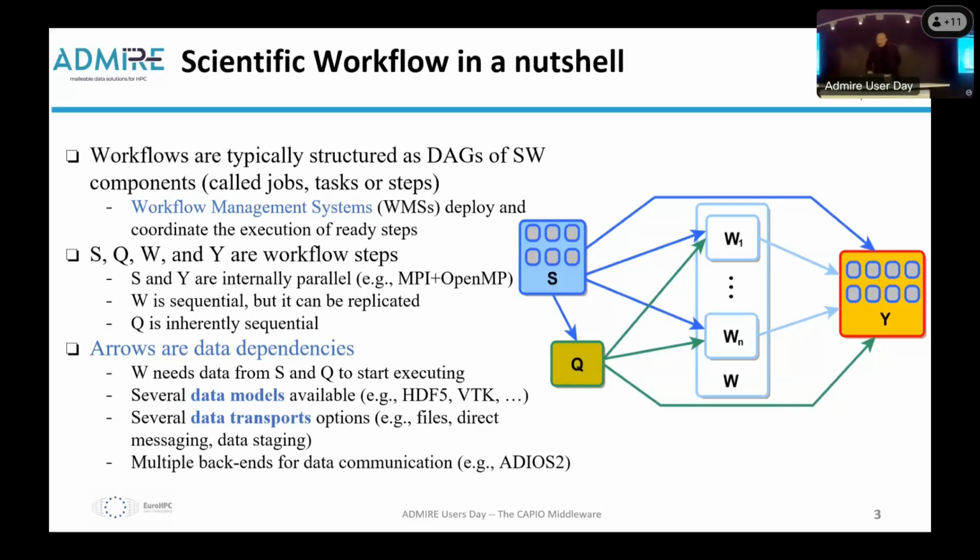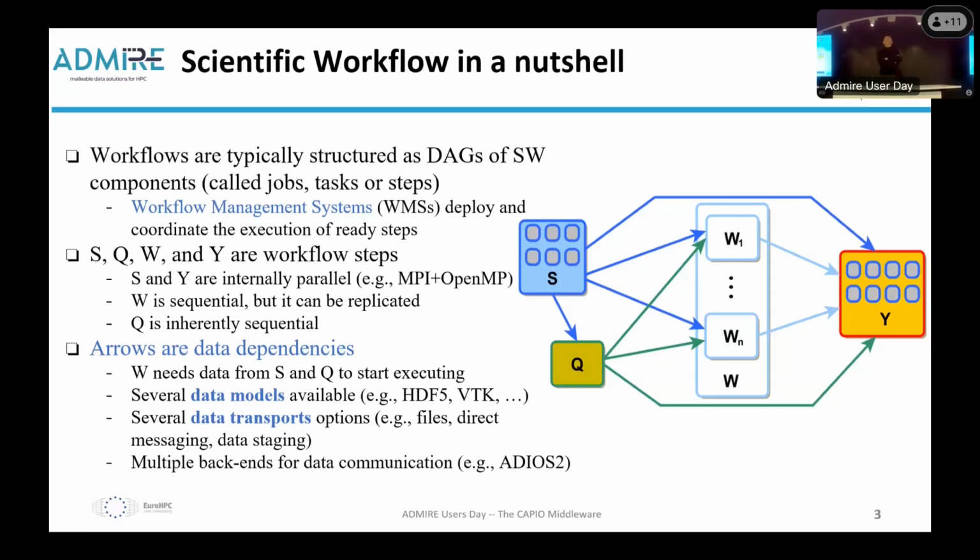In the picture here you can see an example where I sketched 5 components, so 5 steps. Let's say S and Y are internally parallel, maybe parallelized with MPI plus OpenMP.